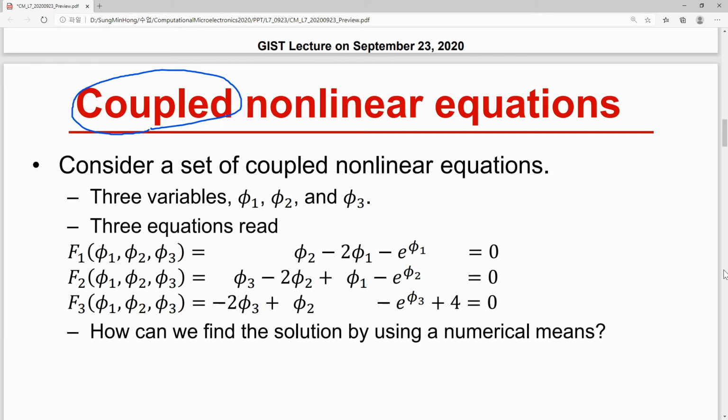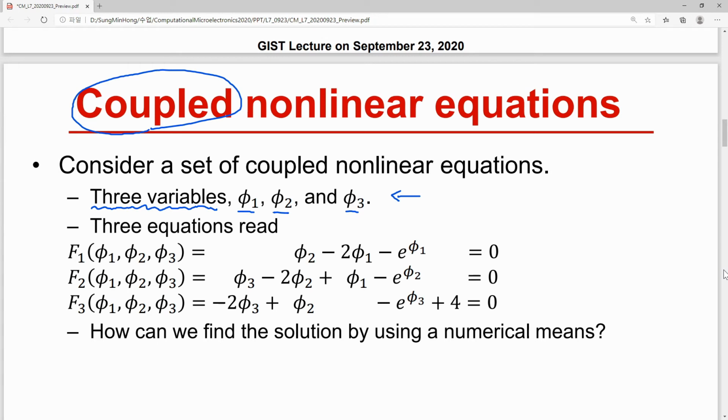Even in this case, instead of showing the theory, I wanted to start from a trivial example. In this case, you have 3 variables, for example, phi1, phi2, phi3. You can treat it as electrostatic potential at 3 different positions.